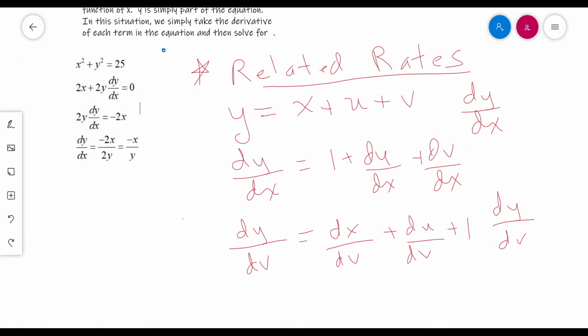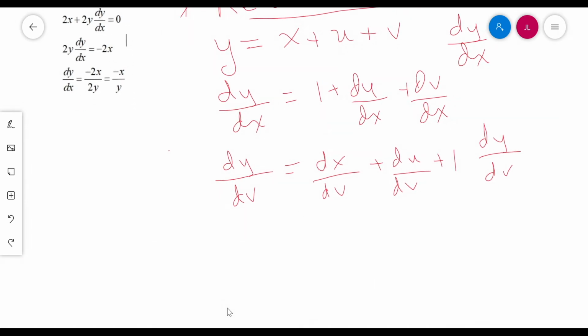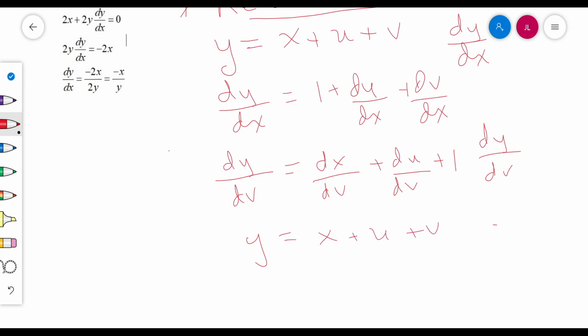And so we're always going to be talking about derivatives with respect to time, just like we did when we were doing motion. So starting with this example, even though time doesn't show up in this equation, we can look at the derivative of y with respect to time.